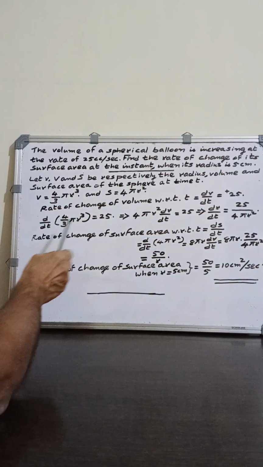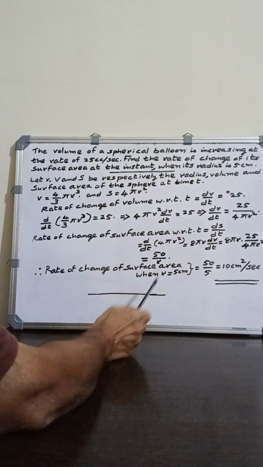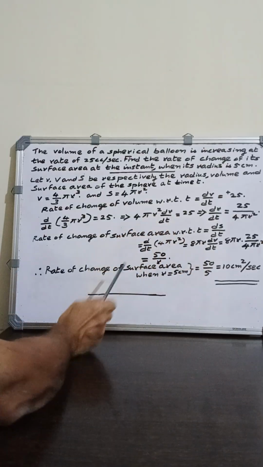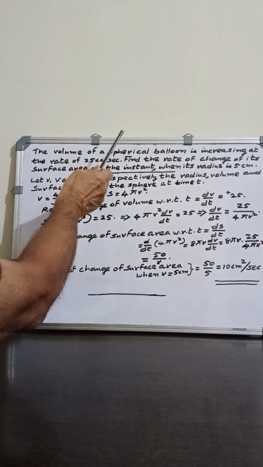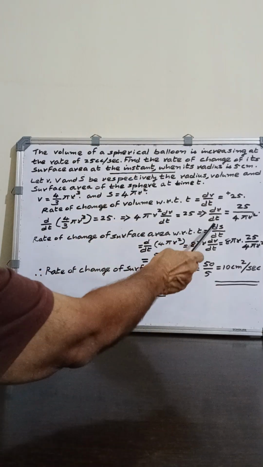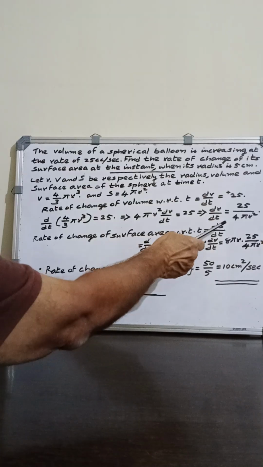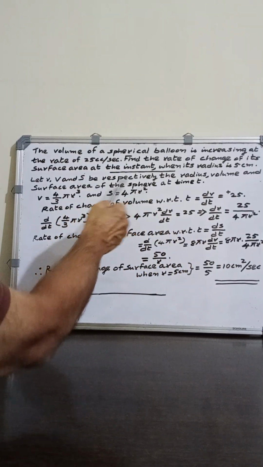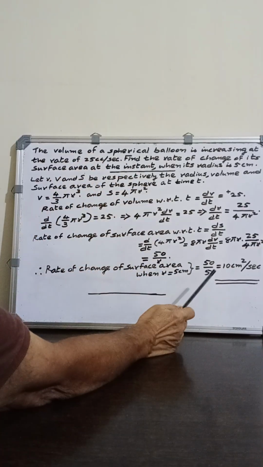Now the rate of change of surface area with respect to t is dS by dt. That is d by dt of S, where 4 pi r squared is the function related to the surface area of a sphere.